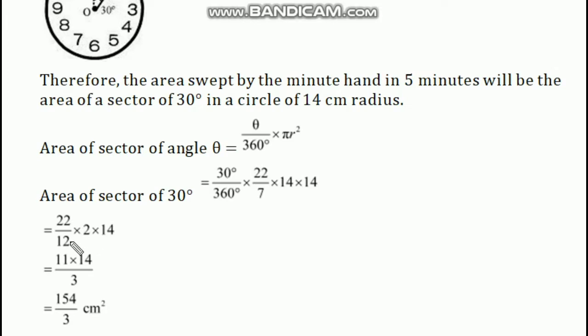Then you will get 22 by 12 into 2 into 14. So finally we get the answer as 154 divided by 3 centimeter square. So therefore the area swept by the minute hand in 5 minutes is 154 divided by 3 centimeter square.